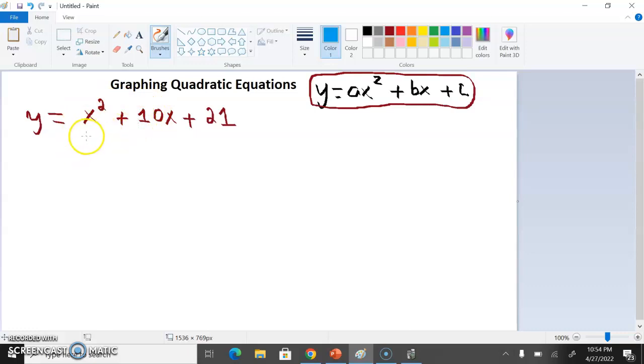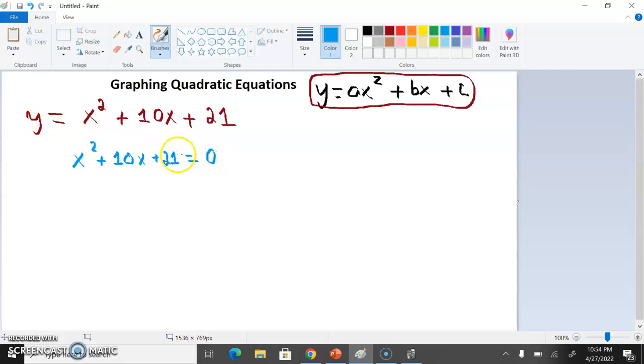So here is how we're going to factor it. We take the equation y equals x squared plus 10x plus 21, and we set it equal to 0.